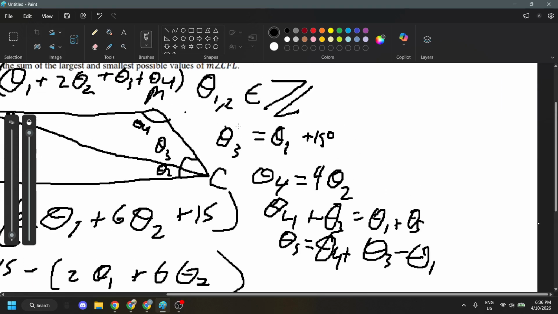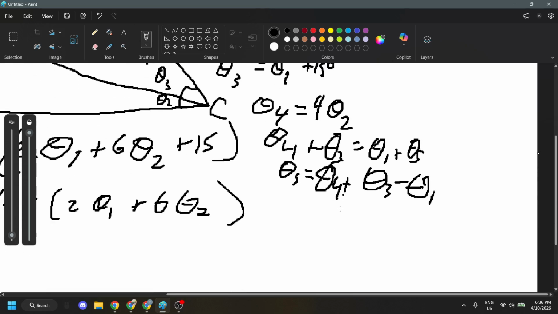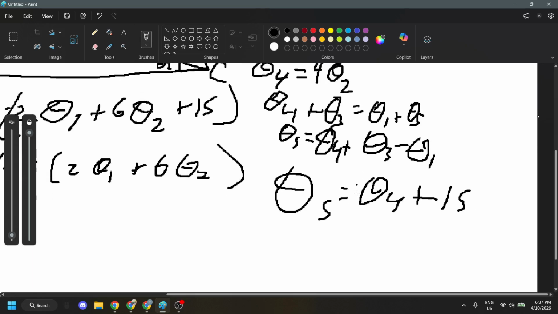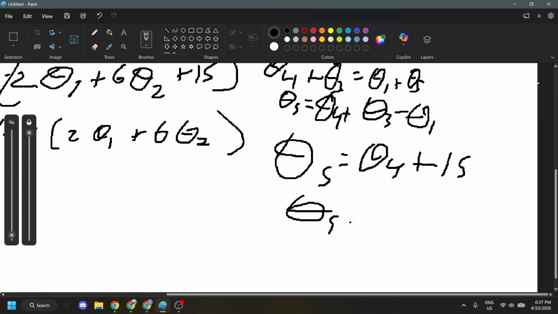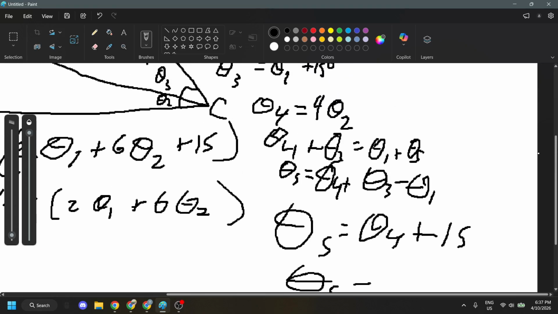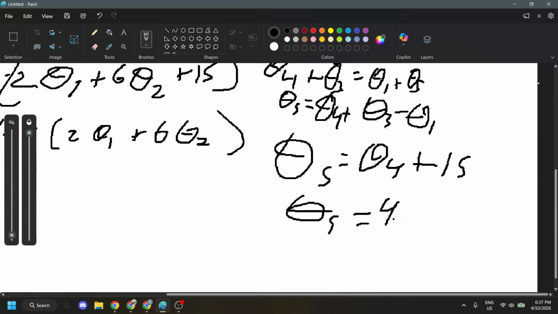So can we, oh, theta 3 is theta 1 plus 15. So theta 5 is equal to theta 4 plus 15. So theta 5 is equal to 4 theta 2.